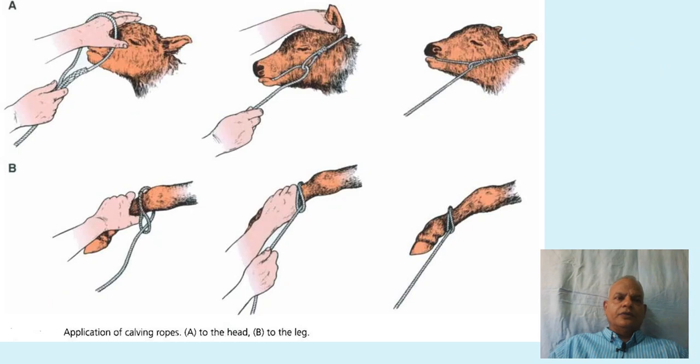Now, this is how the ropes should be applied, and applying a rope on the neck directly may cause strangulation of the fetus and death. So this is how the rope should be applied on the head and on the limbs, the covering ropes.